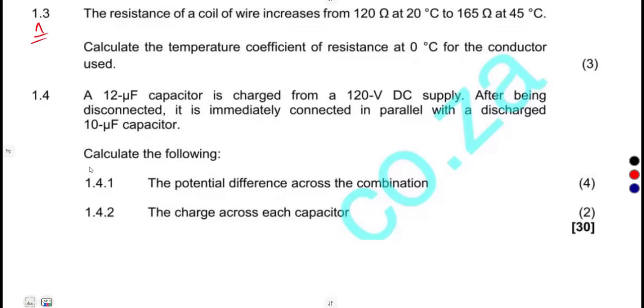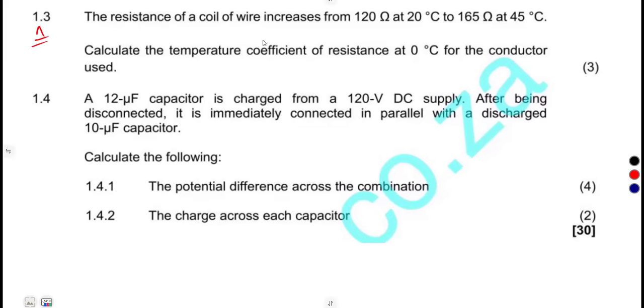All right, 1.3, without wasting your time. You are given the resistance of a coil, which increases from this. The resistance at a temperature of 20 is 120 ohms.